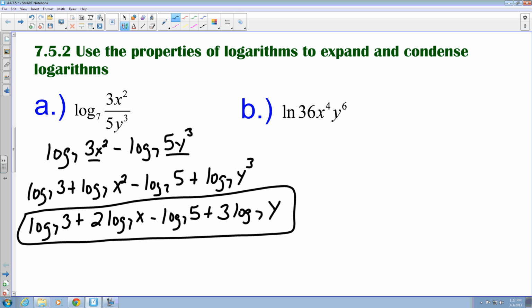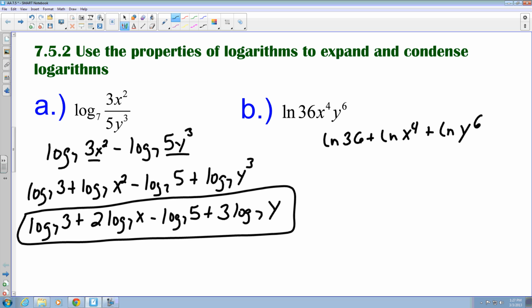If I have something like B, I can use the same strategies. Everything's the same except it's just the natural log. So I can rewrite this as the natural log of 36 plus the natural log of x to the 4th plus the natural log of y to the 6th.